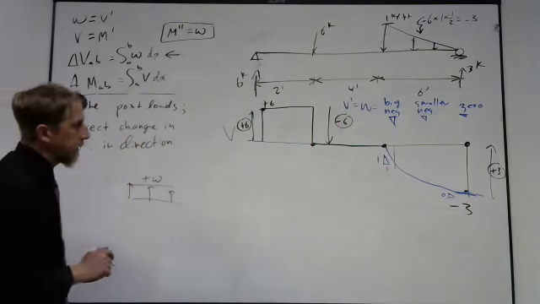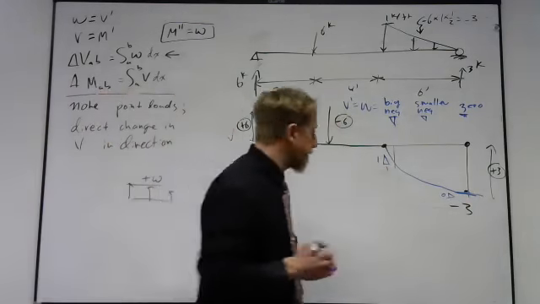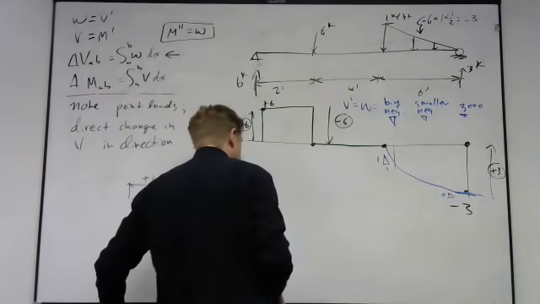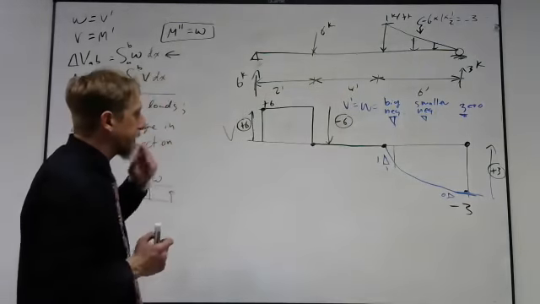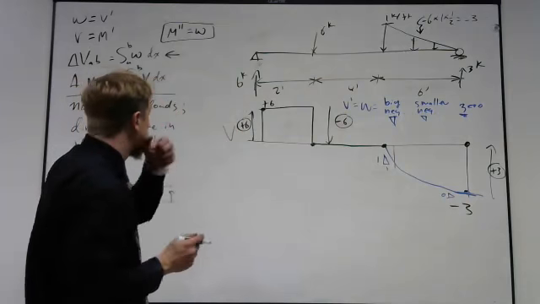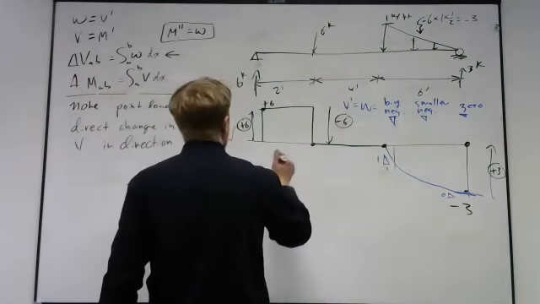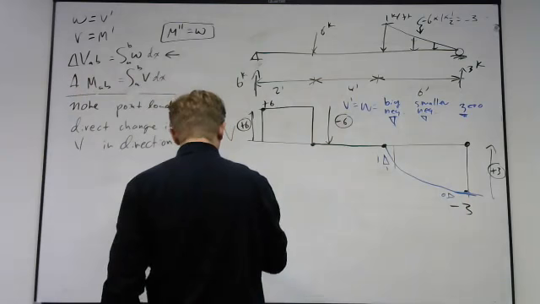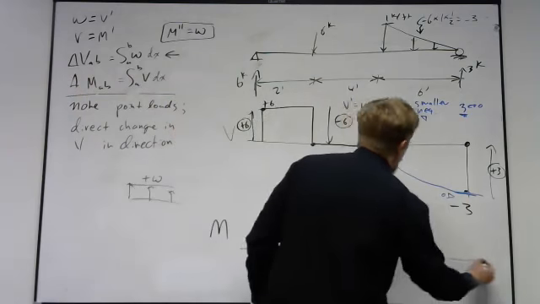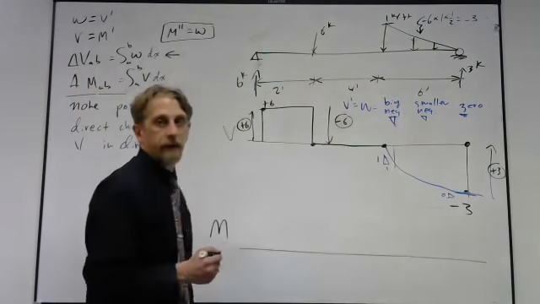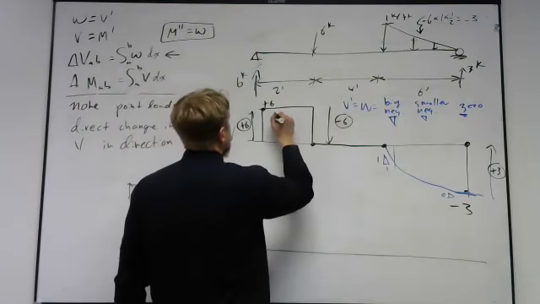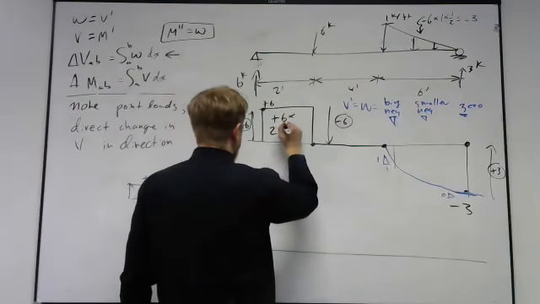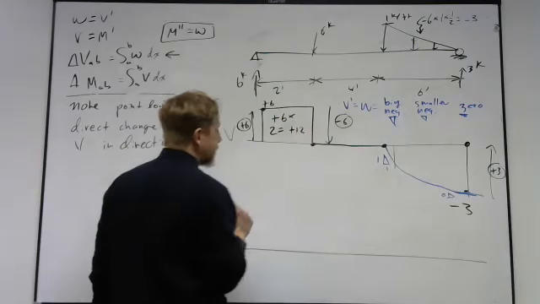Okay. Let's draw the moment diagram. We'll play a trick to wrap this guy up. Well, to draw the moment diagram. Okay, I'm going to use the areas of V, just like we did before. This is positive 6 times 2 is positive 12.